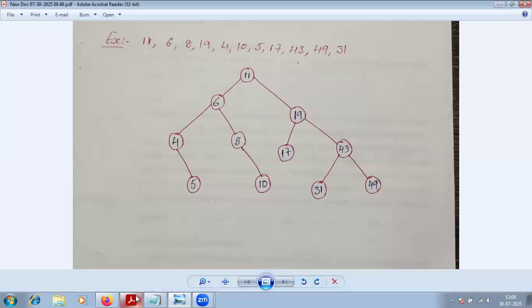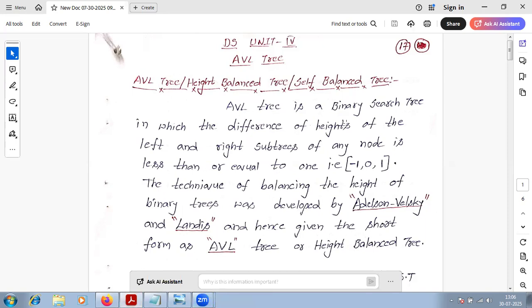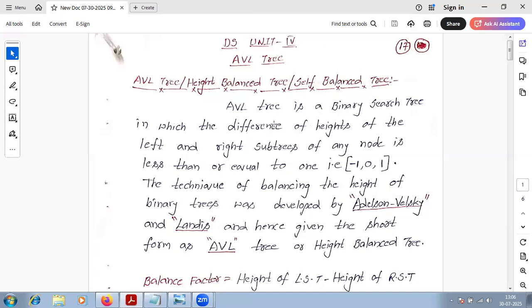Now we'll go for the AVL. We already know that, first, an AVL tree is a binary search tree. We have seen what is meant by a binary search tree. See the definition. For a tree to be an AVL tree, we have to satisfy some conditions. What is that condition?